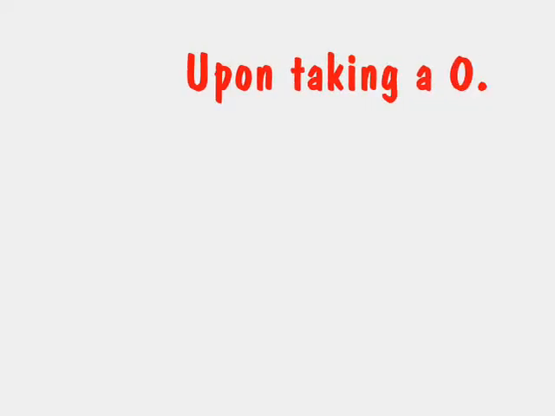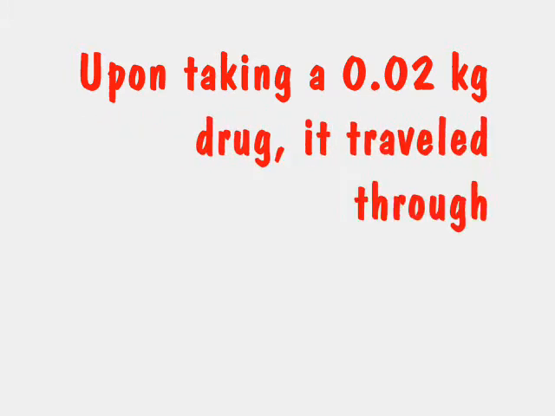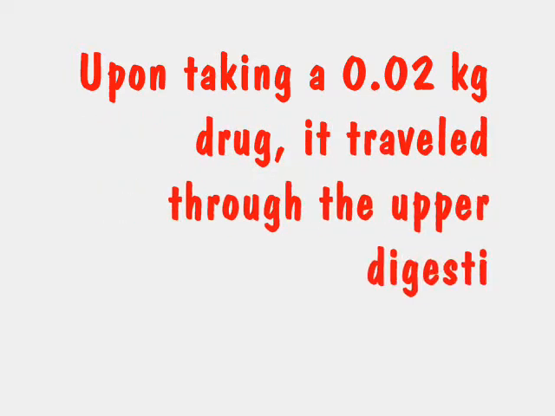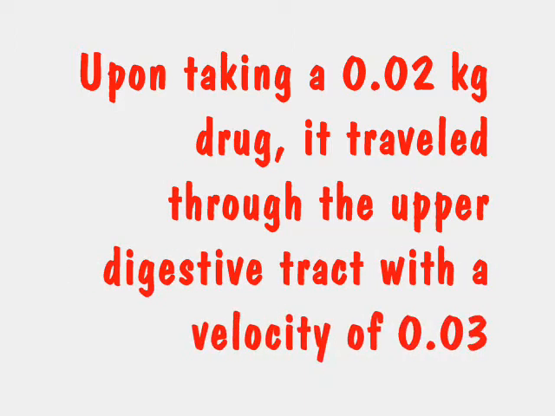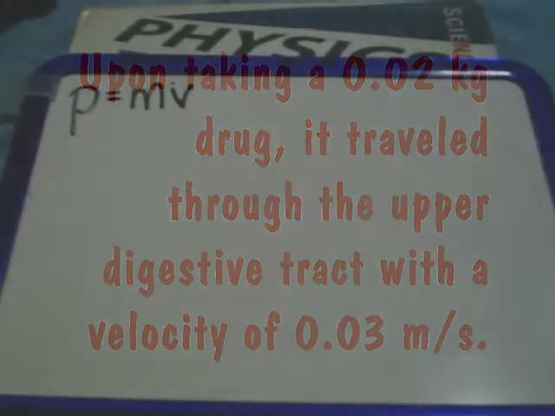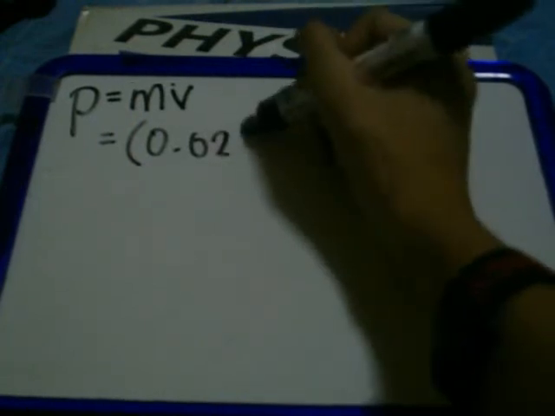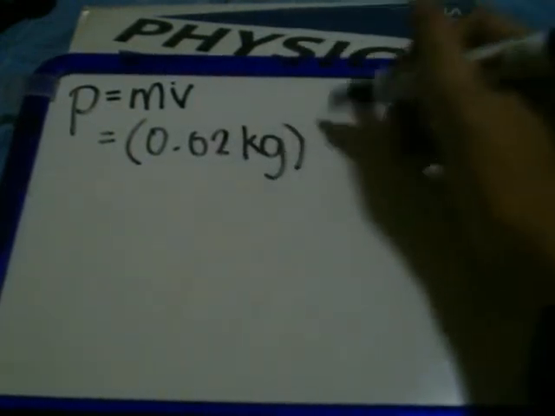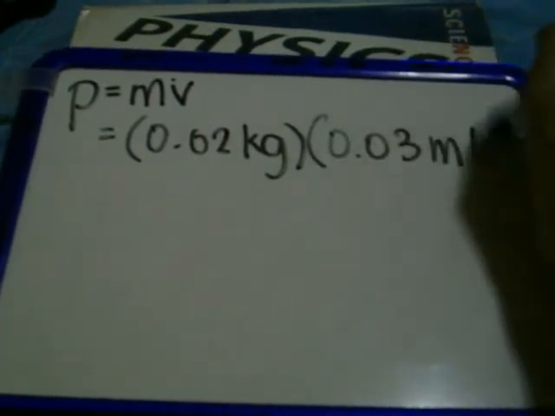For example, upon taking a 0.02 kilogram drug, it traveled through the upper digestive tract with a velocity of 0.03 meter per second. Find its momentum. Through direct substitution, we have P is equal to 0.02 kilogram times 0.03 meter per second.